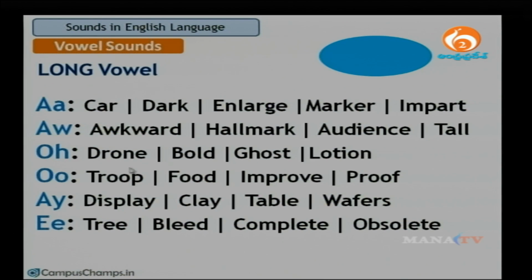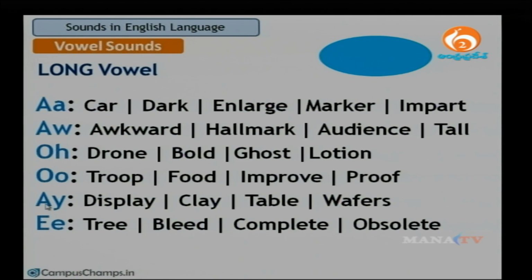O: drone, bold, ghost, lotion. Ooh: troop, food. We don't say food with a short sound, we say food with a long one. Improve, proof. Here again we have double O, but a word like improve doesn't have double O. Alright, so focus on the sound.